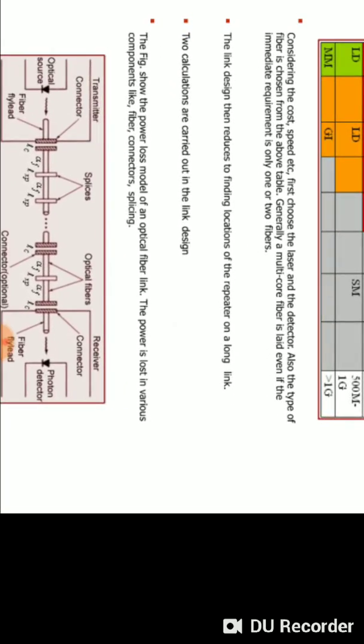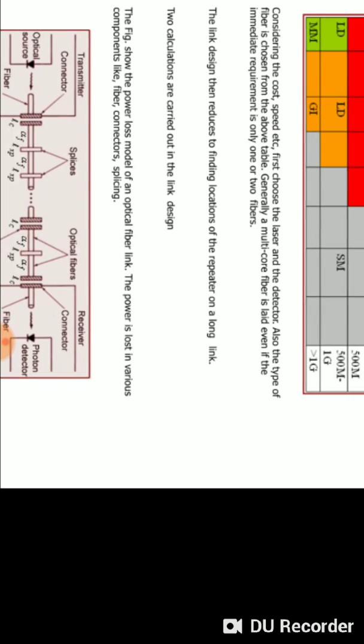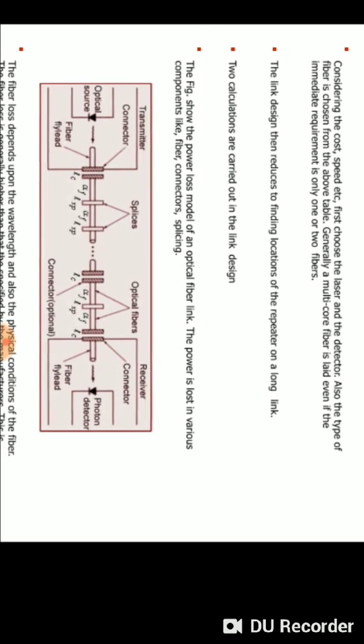As we know, whatever power is transmitted by the transmitter, the same power we are not able to get at the receiver. In the diagram, the optical transmitter emits some optical power, and the receiver receives the optical power, and obviously the power transmission takes place through the optical fiber. Let us see the diagram one by one.